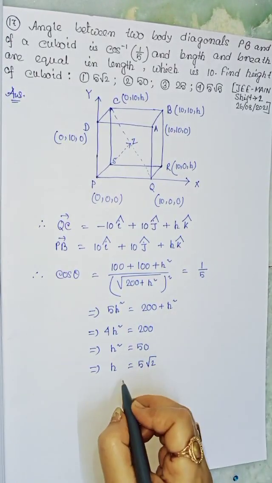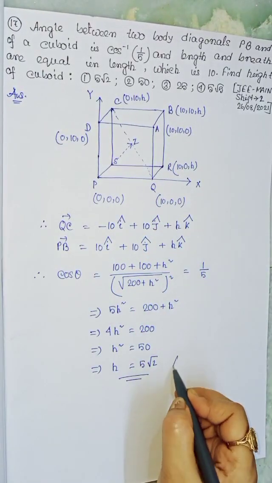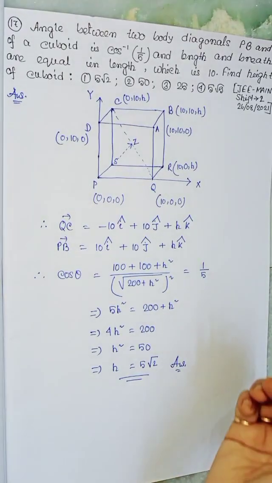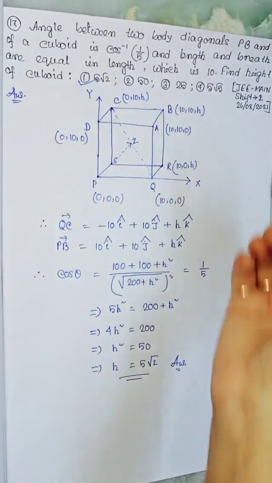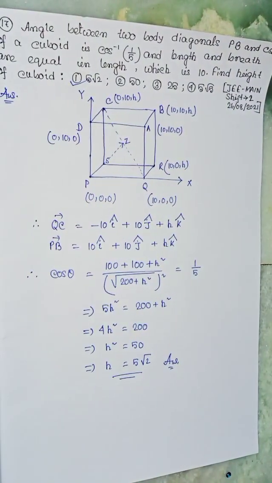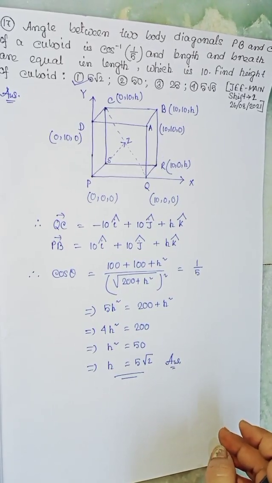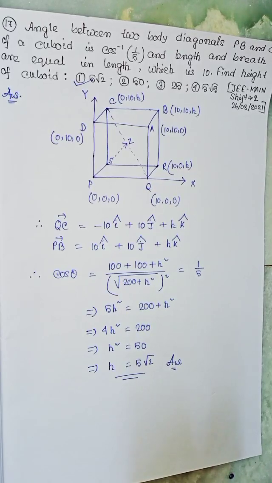So this is our required height of the cuboid, which is 5 root 2. This is our required answer, and option 1 is our correct choice. So this is the whole solution of question 17. These are the two solutions. Any question, any query, you can comment in the comment box. Thanks for watching my video. That's all.